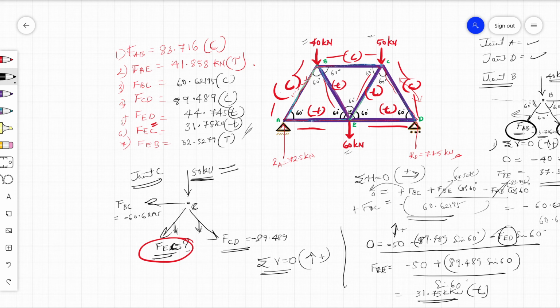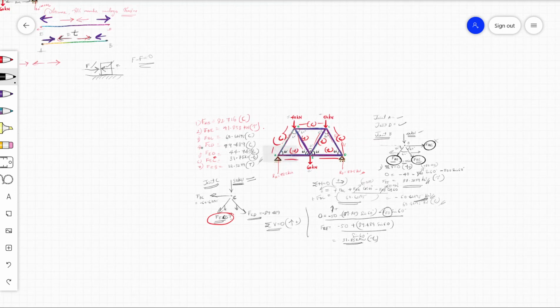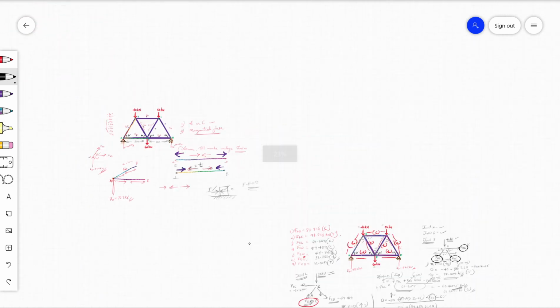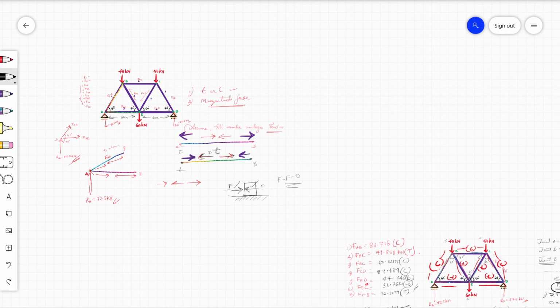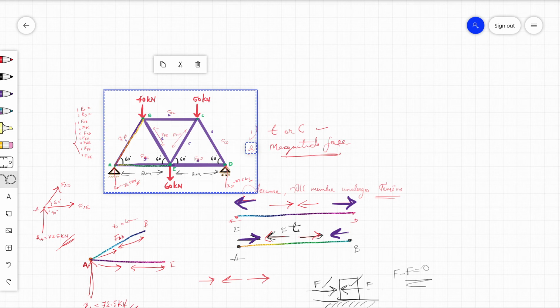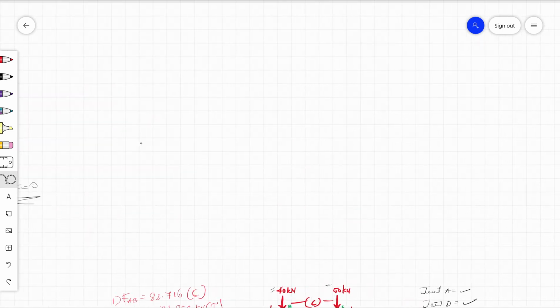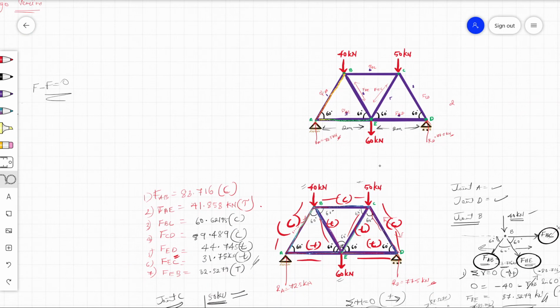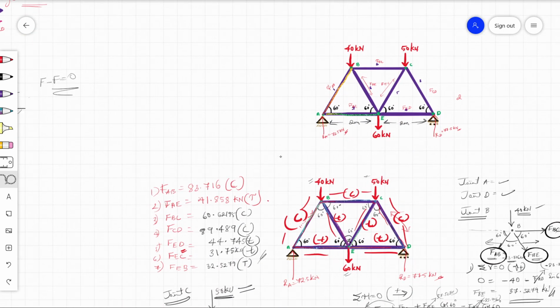But this doesn't end over here only. You have to do one diagram actually. I'll show you what that is. To do that, let me cut this border.